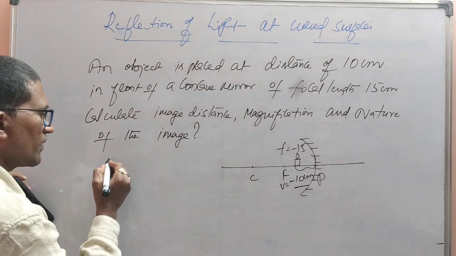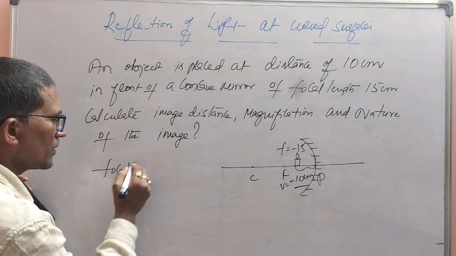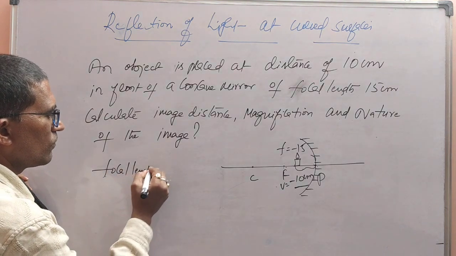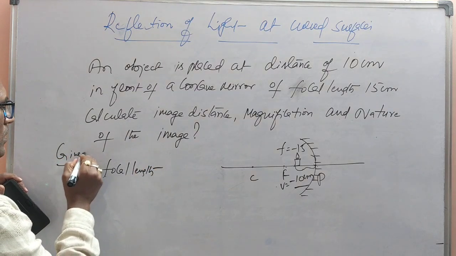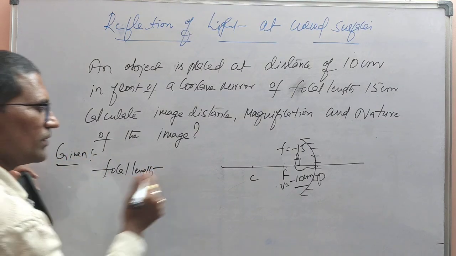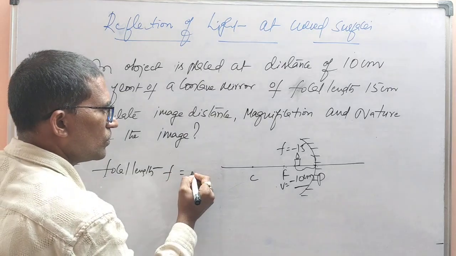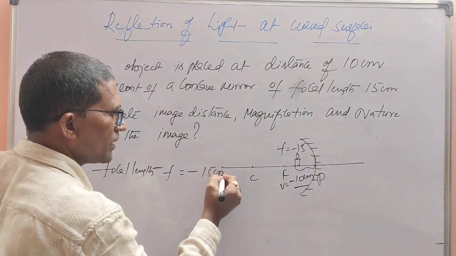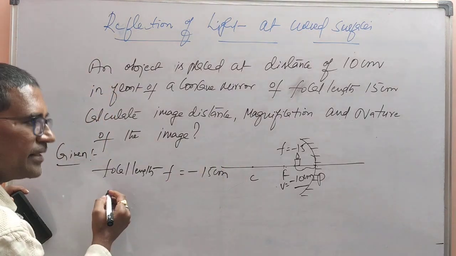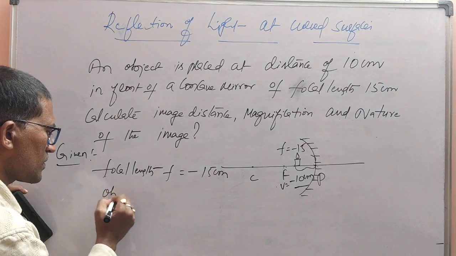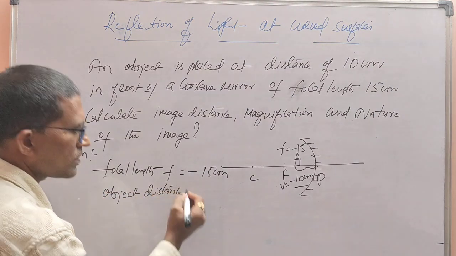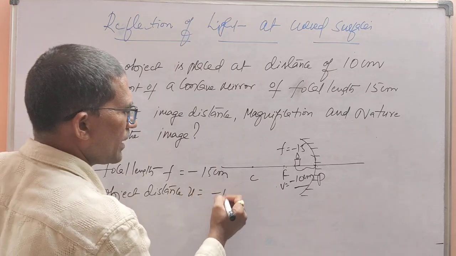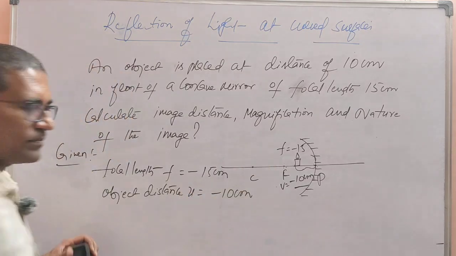Now I will write the data very clearly. Given data: focal length f is equal to minus 15 centimeter, and object distance u is equal to minus 10 centimeter.